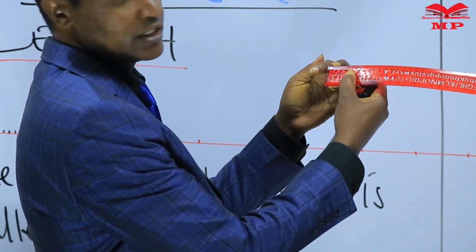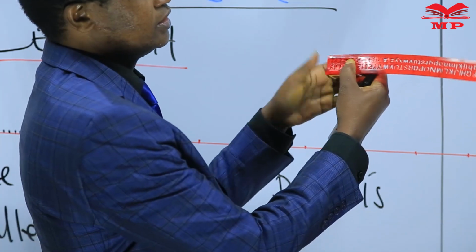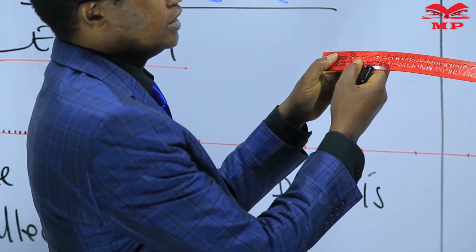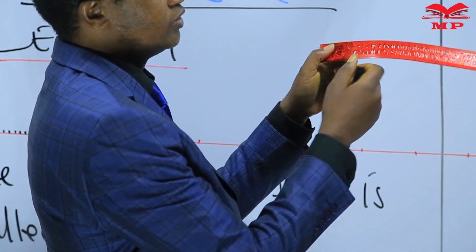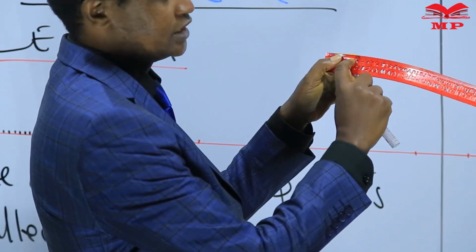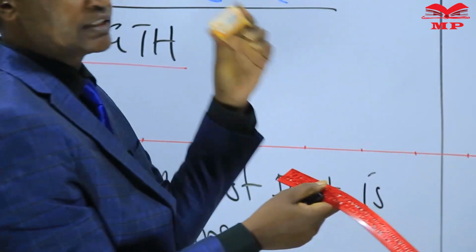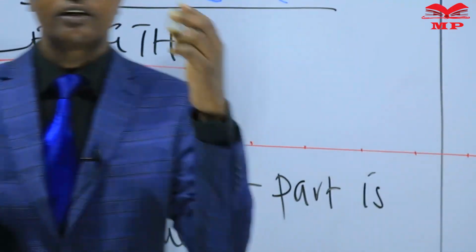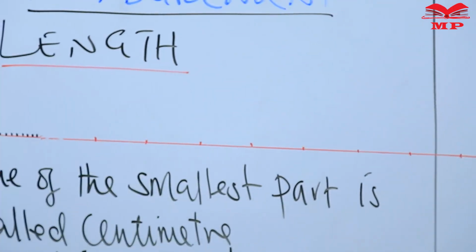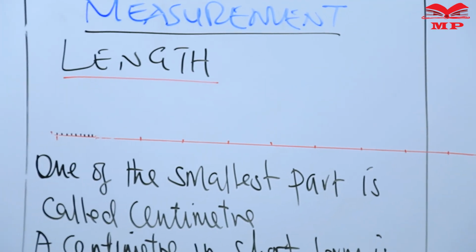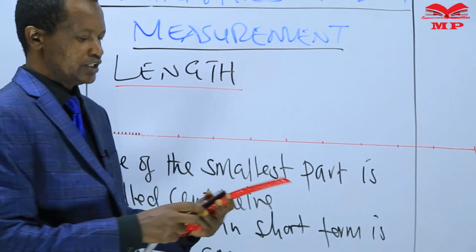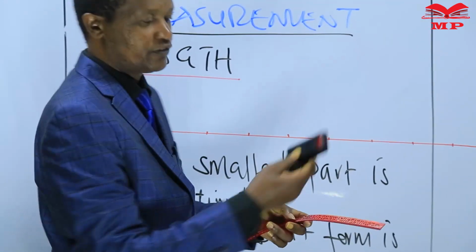Then on the other side, the end of this matchbox is falling on 5 centimeters. So the length of the matchbox is how many centimeters? 5 centimeters.